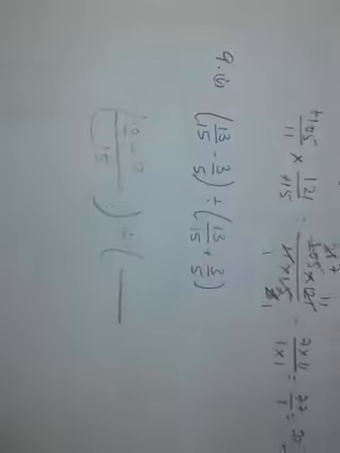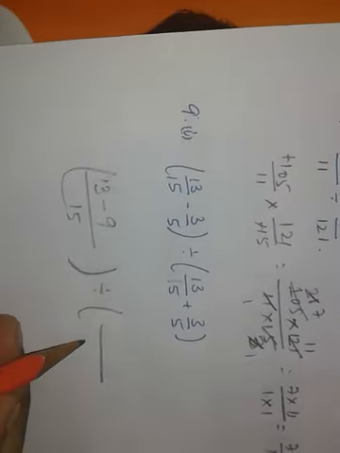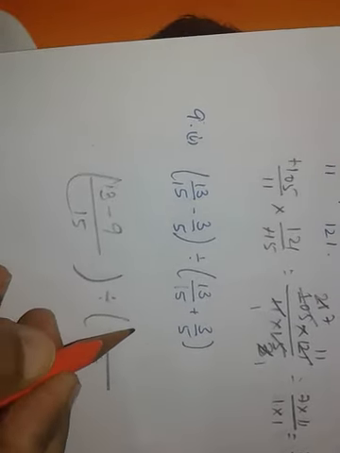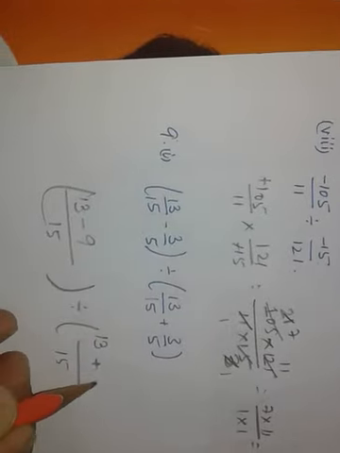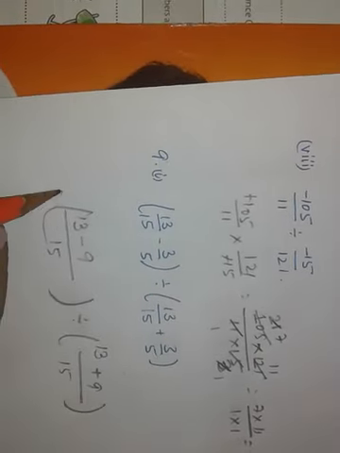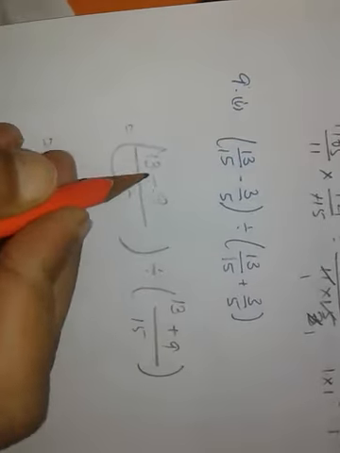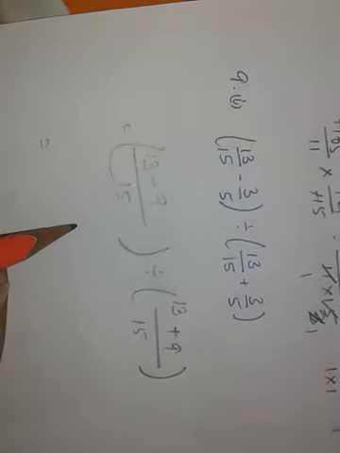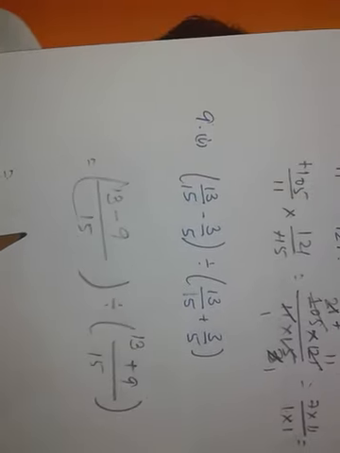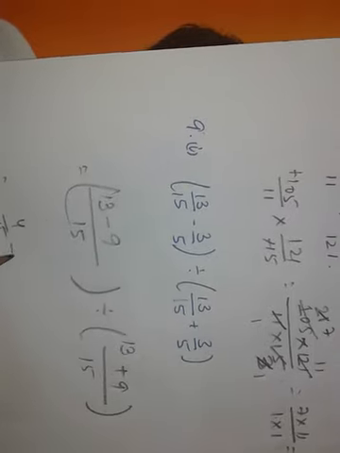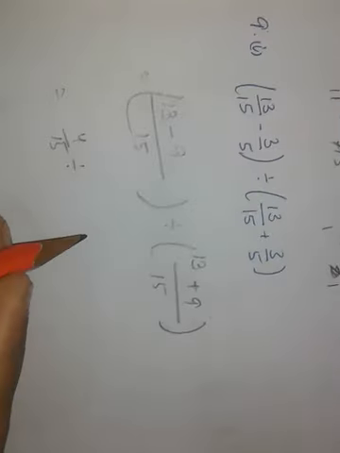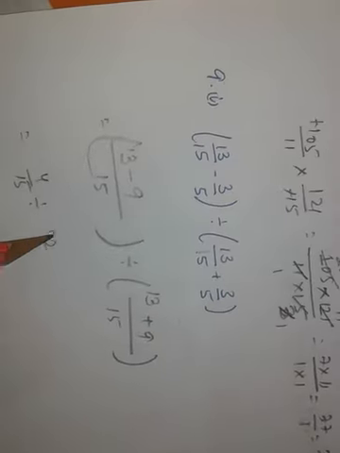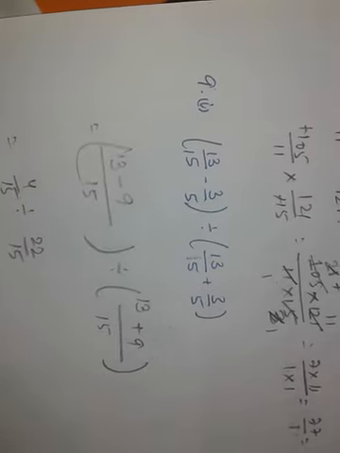Again the LCM is 15, and likewise 13 plus 9, 3 threes are 9. How much do we get? 13 minus 9, it is 4. 4 by 15 divided by, and when you add these two, how much do we get? 22 by 15.